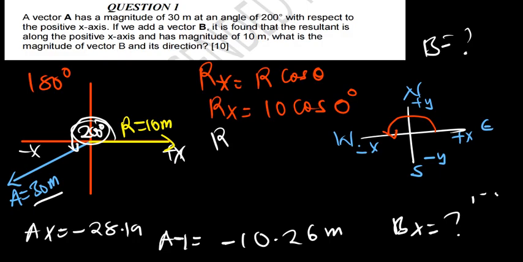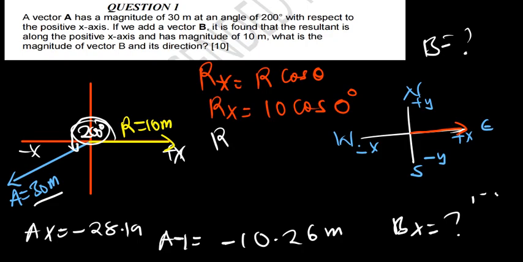We're cool there, right? Now, if a vector is moving toward east or toward positive x-axis, the angle is 0.